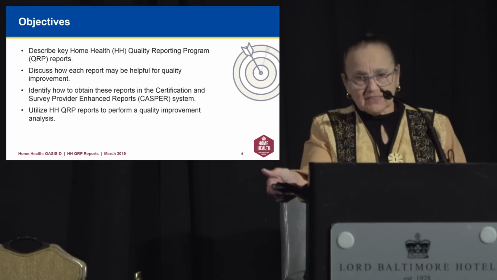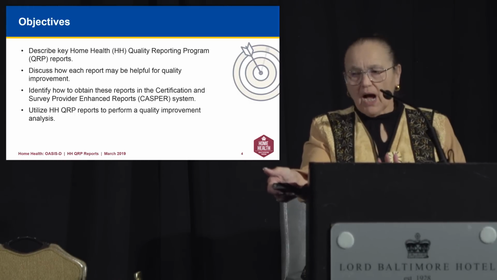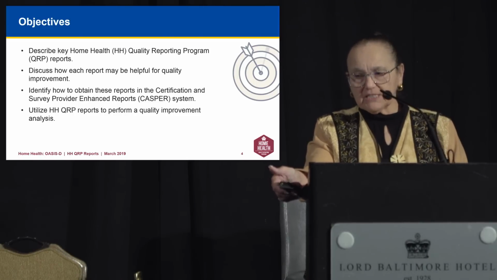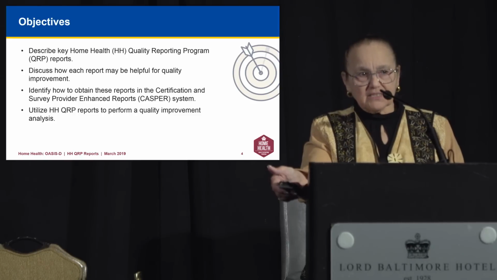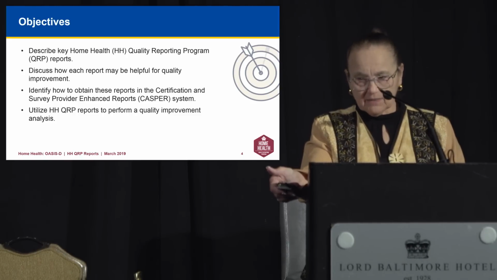Our objectives at this final session are to describe the quality reporting reports that you've been looking at, I hope. We're going to talk about how each report may be helpful to you in planning and conducting your quality improvement activities.